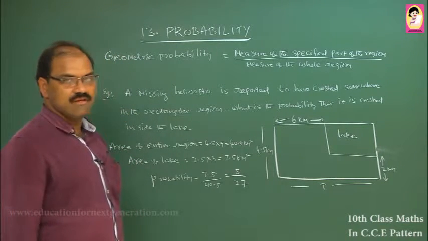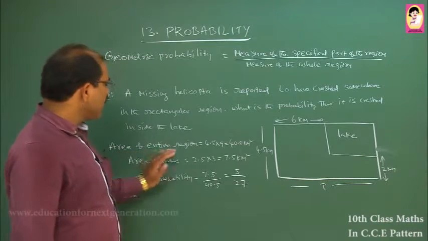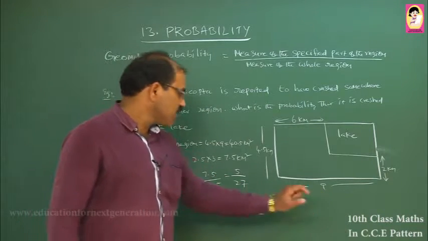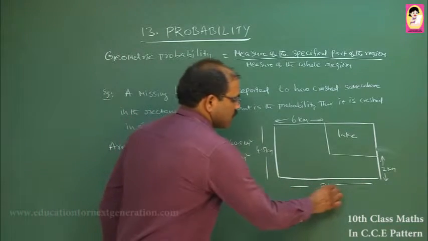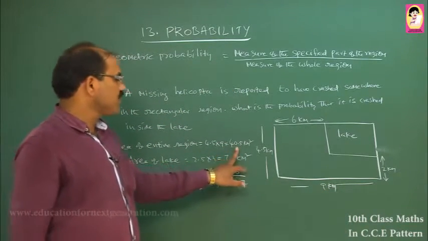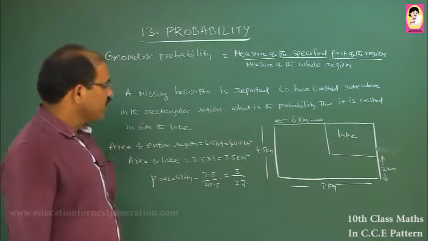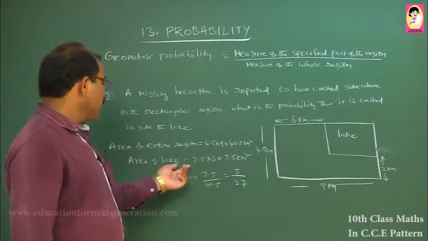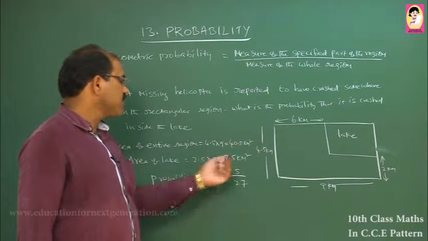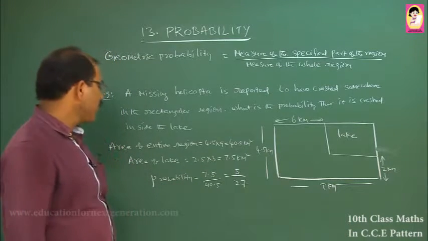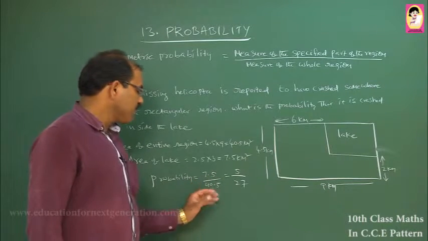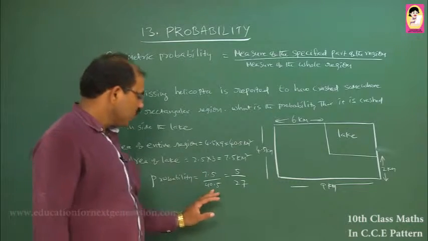The area of the entire region is length into breadth, 9 kilometers by 4.5 kilometers, so 4.5 into 9 is 40.5 square kilometers. The area of the lake, also rectangular, is 2.5 into 3, which is 7.5 square kilometers. Now the geometric probability is 7.5 divided by 40.5, that is 75 by 405.